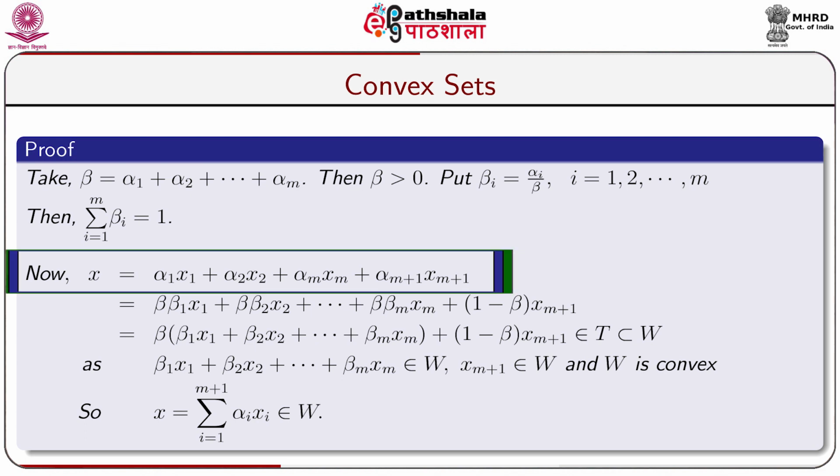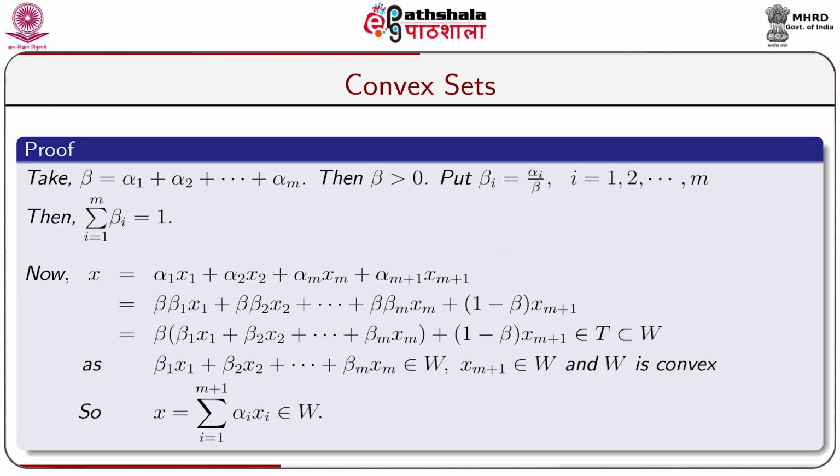Now x equal to alpha 1 x1 plus alpha 2 x2 plus ... plus alpha m xm plus alpha m plus 1 x m plus 1, which is equal to beta into beta 1 x1 plus beta into beta 2 x2 plus ... plus beta into beta m xm plus (1 minus beta) into x m plus 1, which is again equal to beta into (beta 1 x1 plus beta 2 x2 plus ... plus beta m xm) plus (1 minus beta) into x m plus 1.